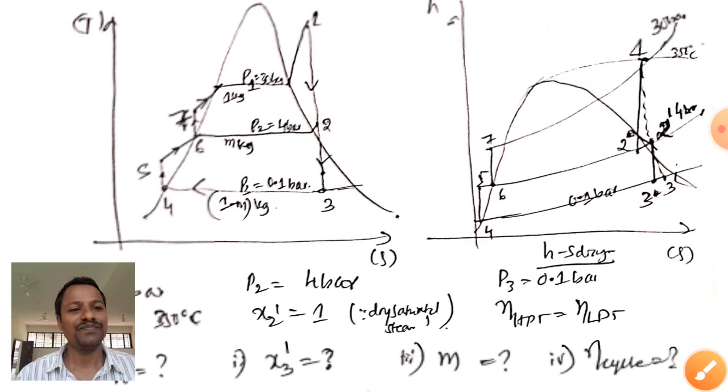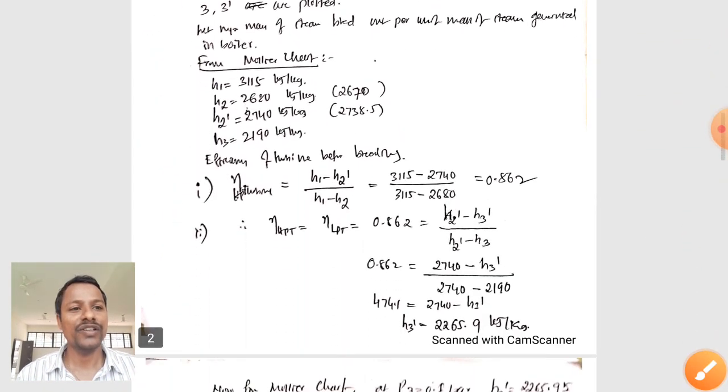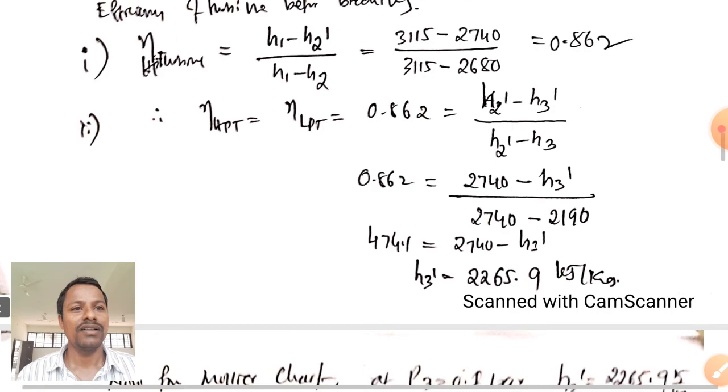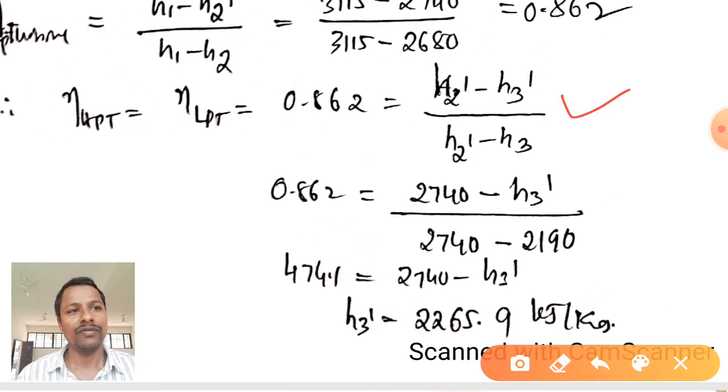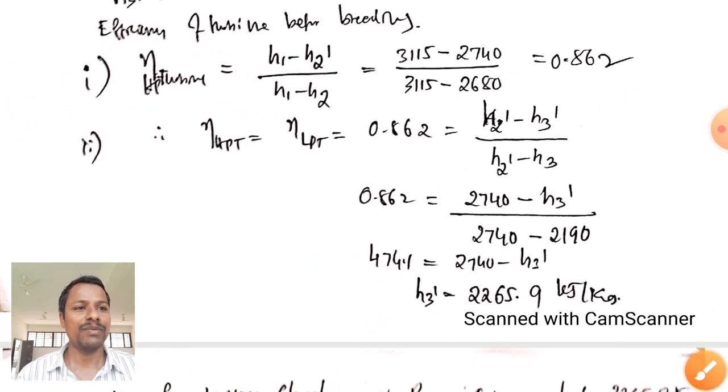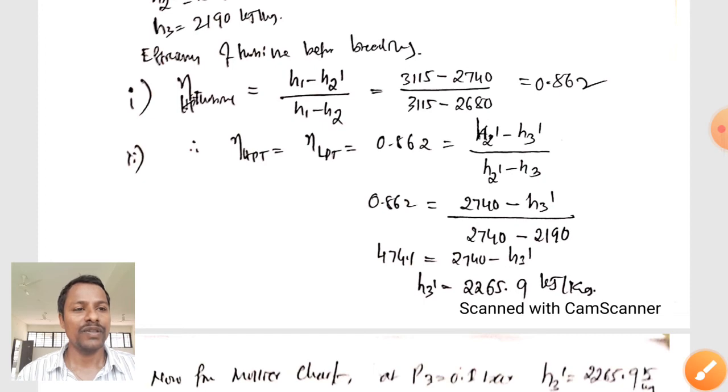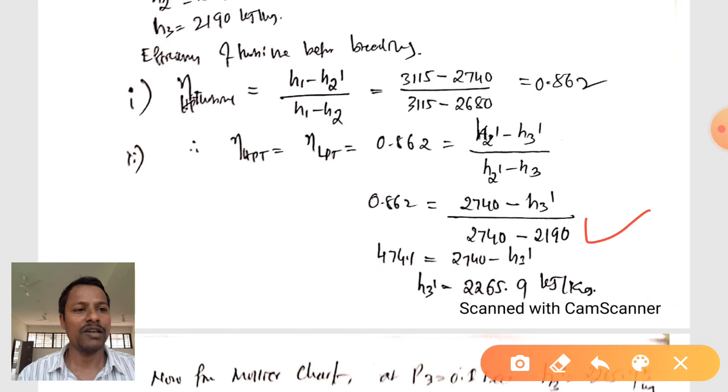So, now here the same formula is used to solve the further steps. Here, the formula we have used, and we know the values except H3 dash from the Mollier chart, and we substitute all the values and operate the calculator.